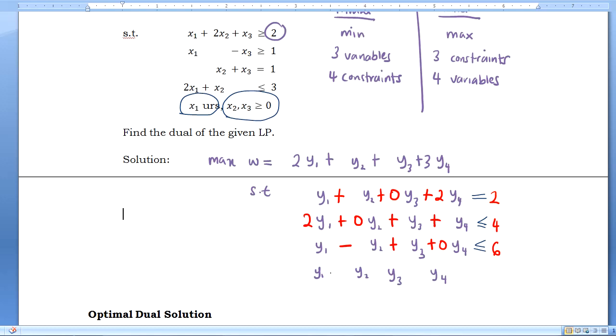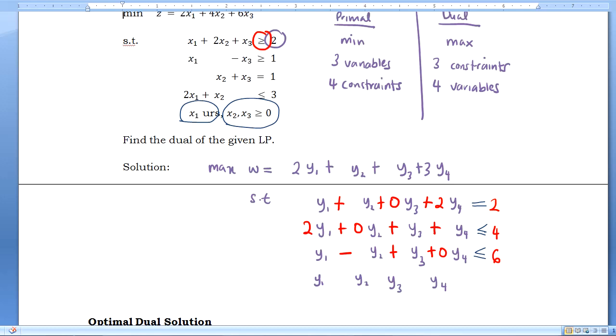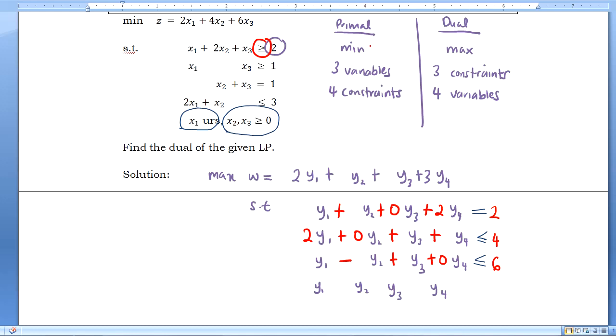Okay, y1, the sign of y1 depends on the sign of the first constraint. The first constraint is a greater than or equal to constraint, which is the sign for normal maximum. Therefore, this variable is also a normal variable. Now for y2, look at the sign of the second constraint in the primal. The sign is greater than or equal to.